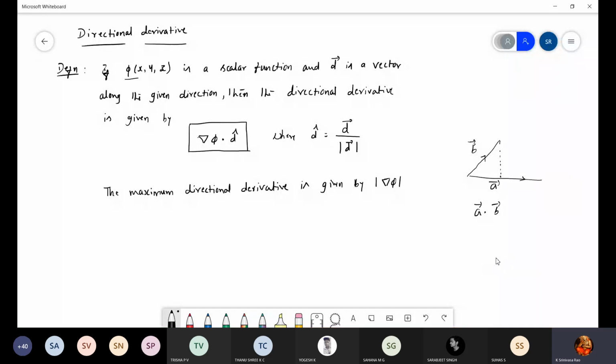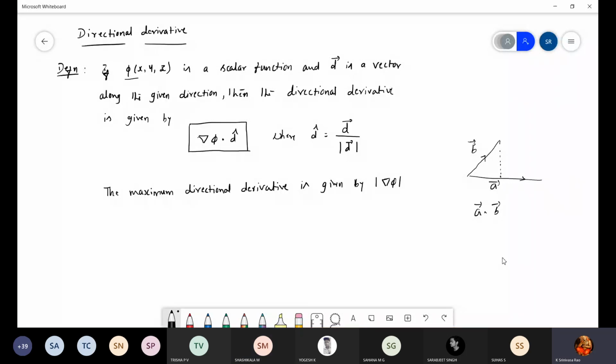So that way you can calculate, because dot product is commutative. A dot b is same as b dot a, whereas cross product is not commutative. Okay, coming to the problem. Is there any doubt in this topic, in this definition? No, sir. Okay, we'll go to the problems.